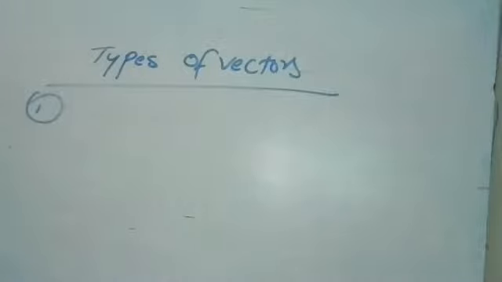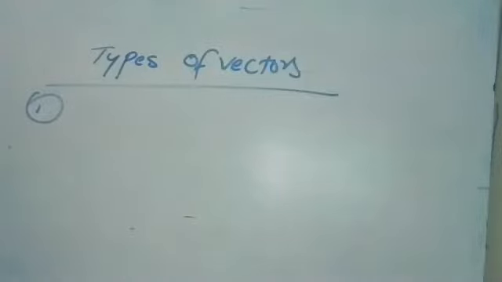First, equal vector. Second, negative vector. Third, zero or null vector. Fourth, unit vector. Fifth, orthogonal unit vector. Sixth, co-initial vectors. Seventh, co-linear vectors.